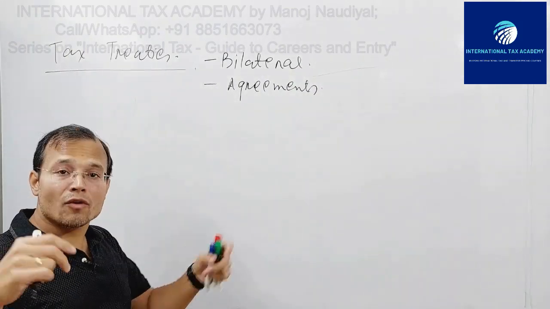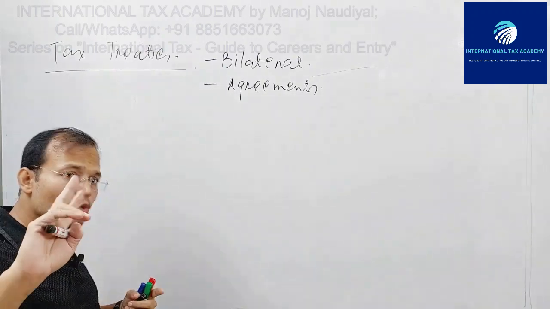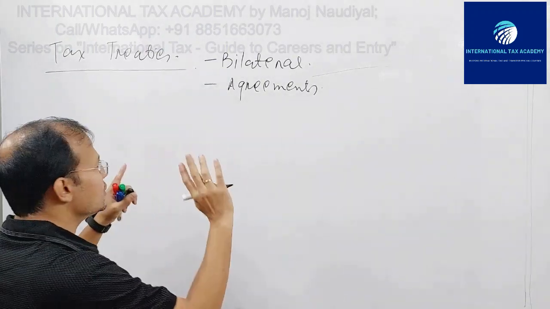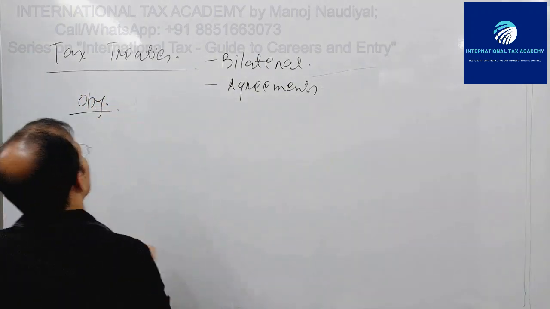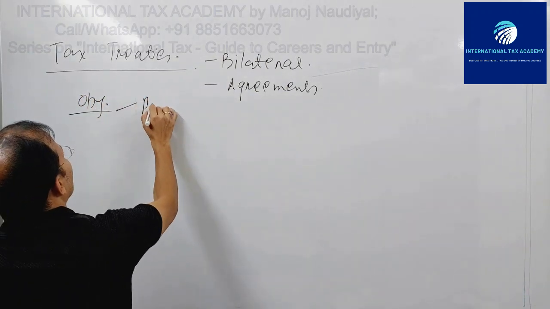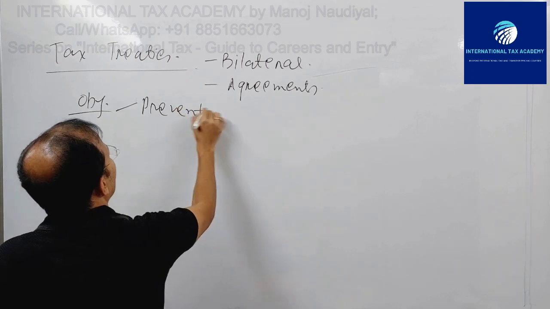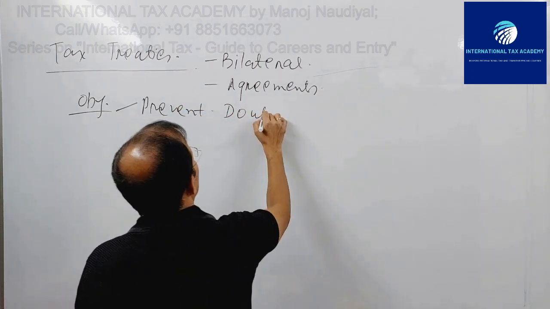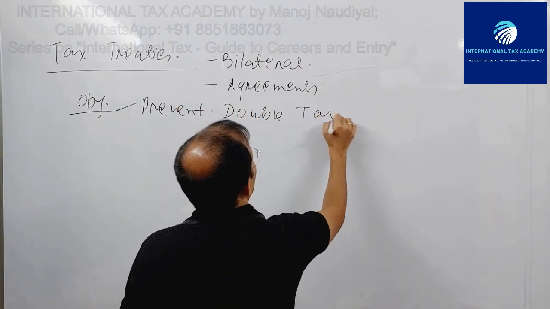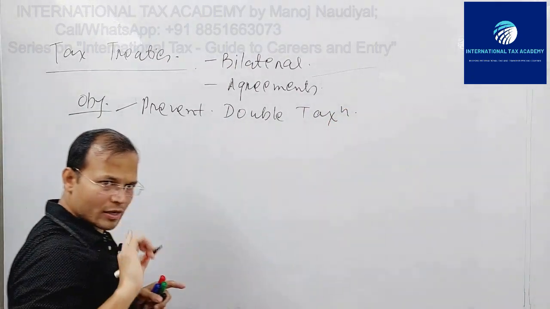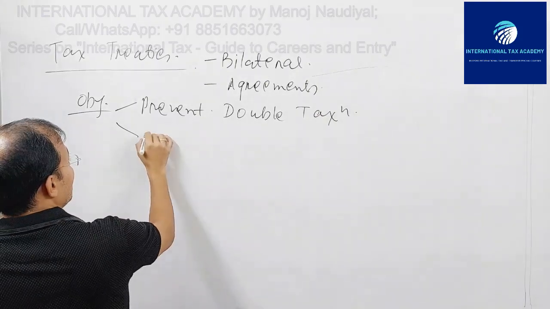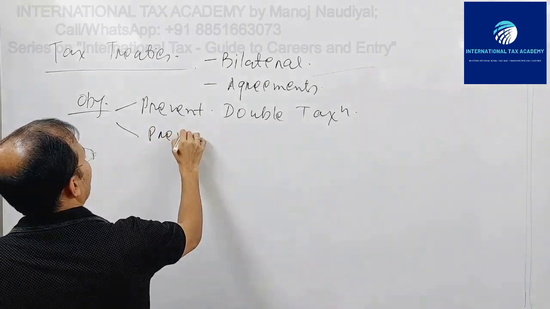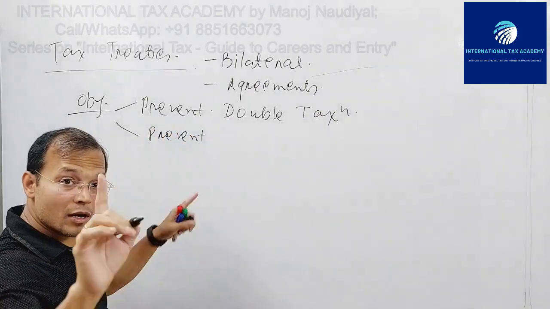What is the objective of entering into a tax treaty? There are two major objectives. The first major objective is to prevent double taxation of income, and the second objective is to prevent double non-taxation.